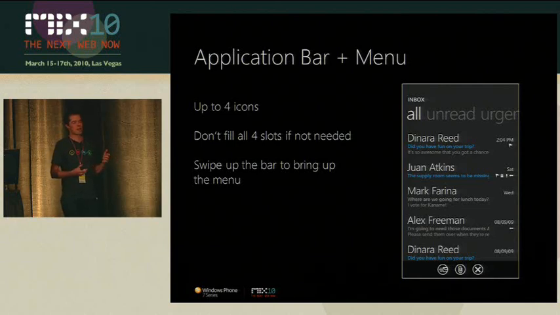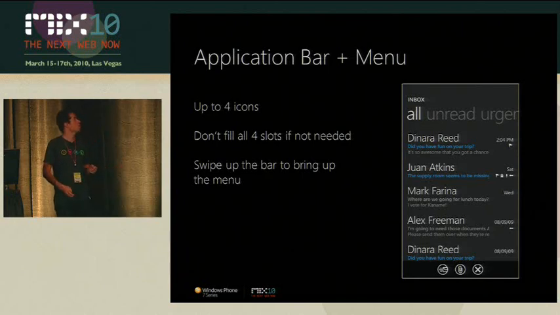We're really trying to make the experience as light when it comes to the Chrome as possible. So make only the most common or most used functions available in that menu at the bottom. Take advantage of the fact that you can flip it up and make other options available to the user. That makes the experience a little bit less cluttered and more intuitive to the user.